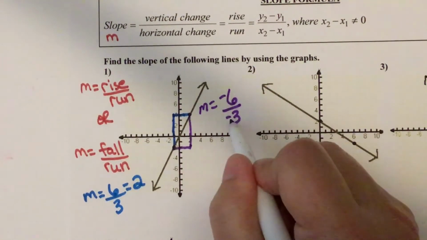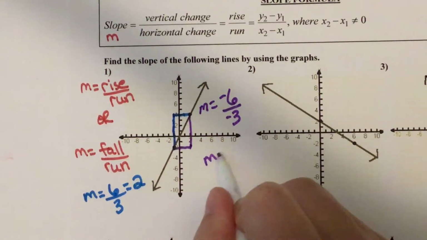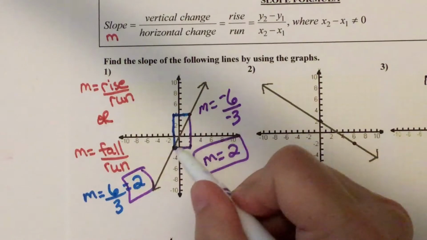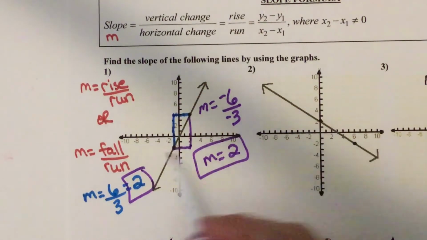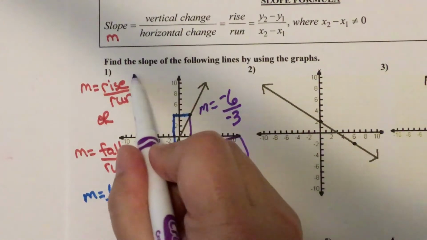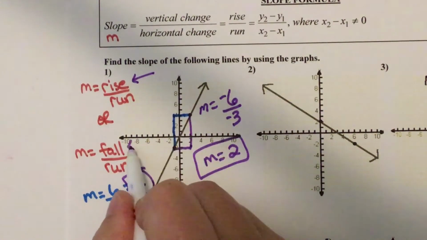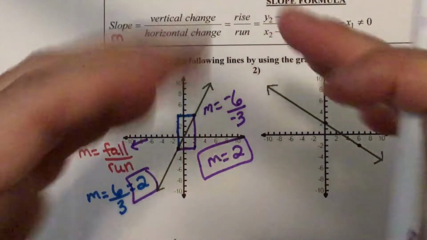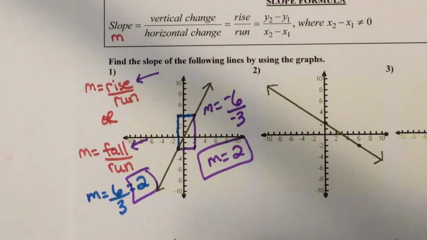And a negative 6 divided by a negative 3 is a positive 2. So it doesn't matter if you go left to right or right to left, you'll get a slope of 2 no matter what. But it's very important that you have to rise first or fall first. When you're just plotting a point, parentheses, you go left or right first. So that's why this is sometimes confusing.